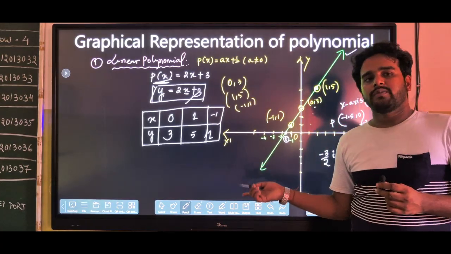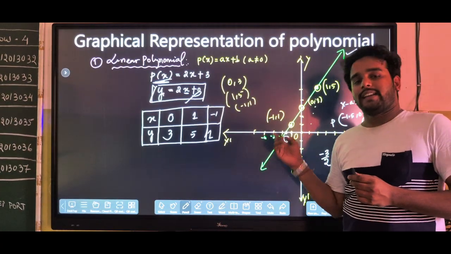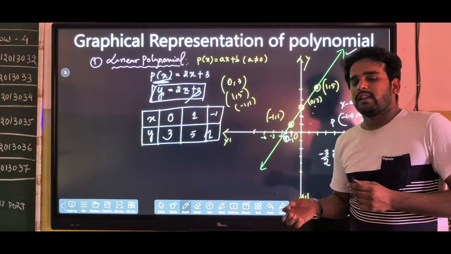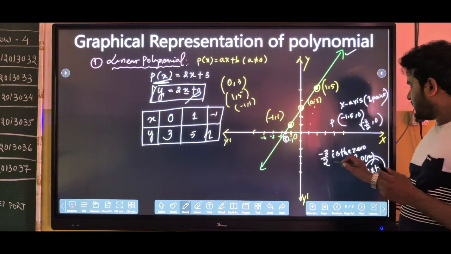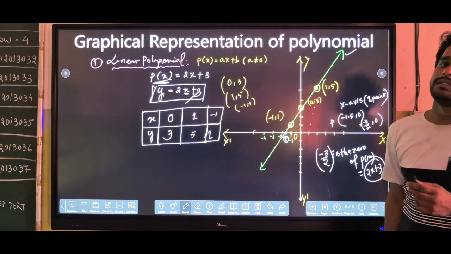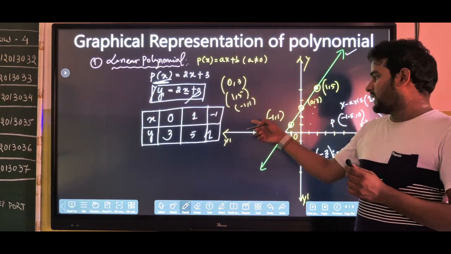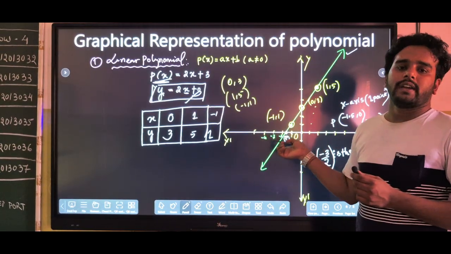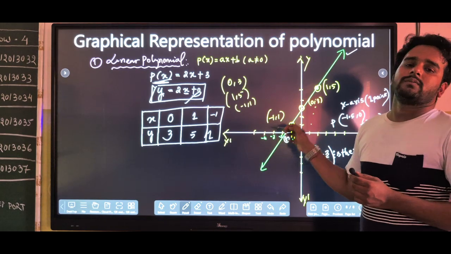The polynomial is 2x plus 3, and its zero is minus 3 by 2. From the graph we have understood how to get the zero of the polynomial.